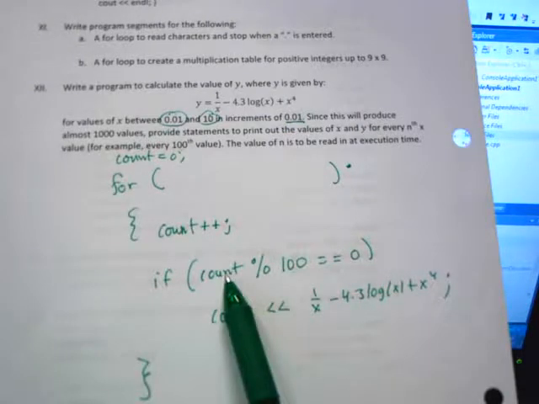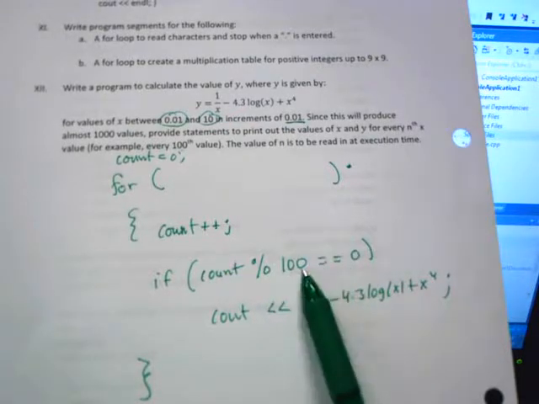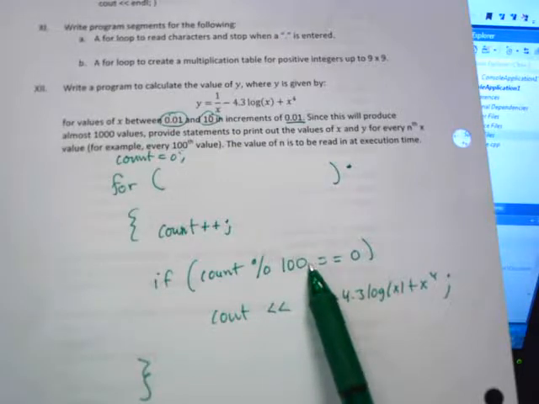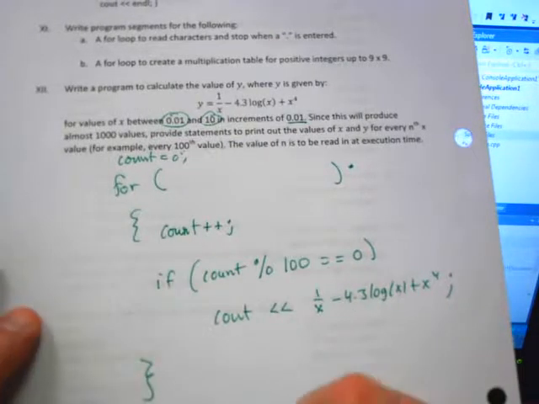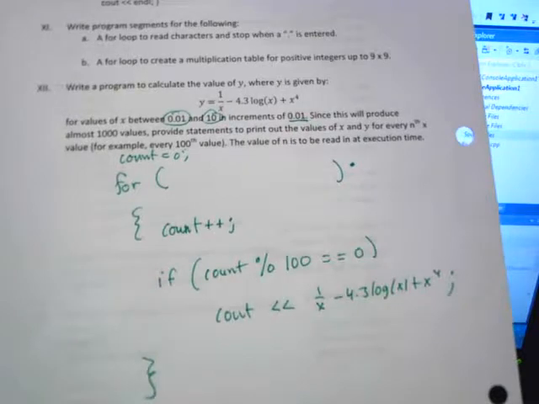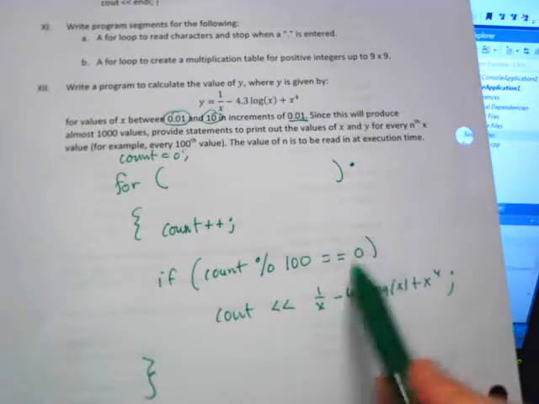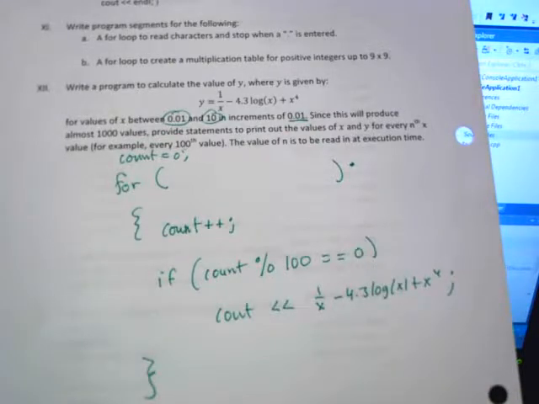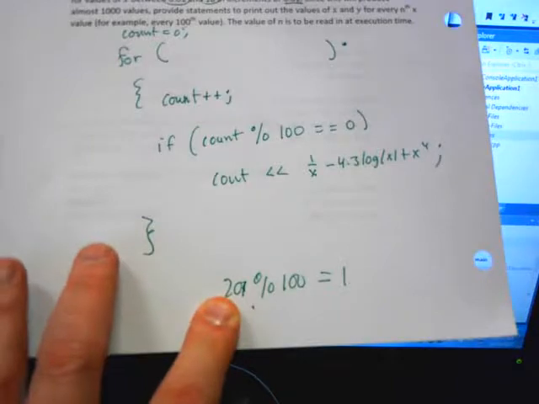So if count is 201, 201 modulus 100 would be 1, because you divide 201 by 100, you get 2 remainder 1, so that would be a 1, not a 0. It would not print for number 201. There we go.